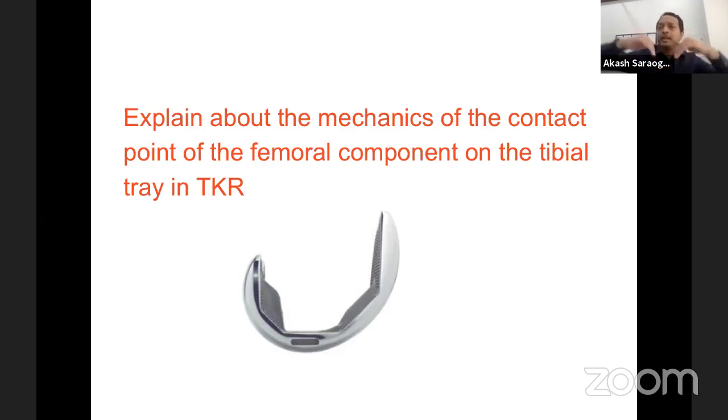Why? Because if it is completely curved and conforming to the femur, then it will not allow sliding, whereas a PS is more conforming. So they say that the plastic is in more contact with the femoral component, which means that the stress is distributed evenly. There are lesser chances of contact stress points on the plastic, so it increases the life of the plastic. That is what the PS will say.